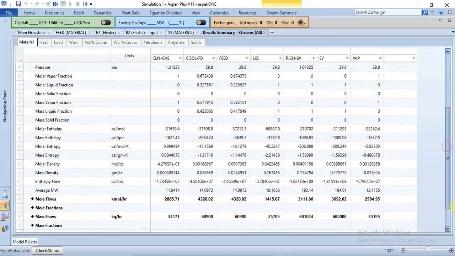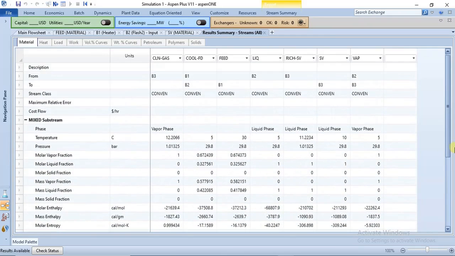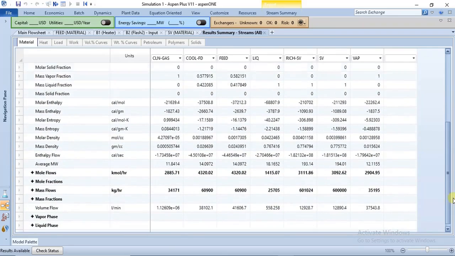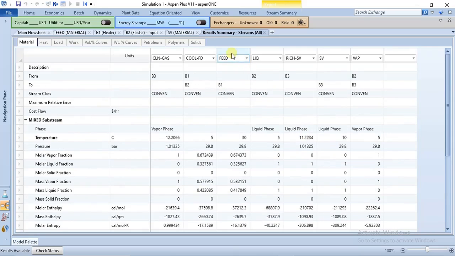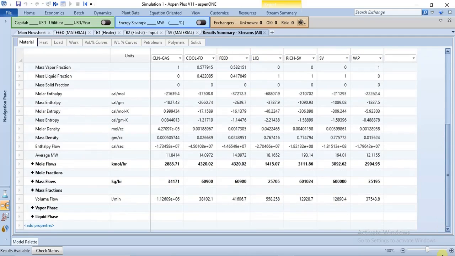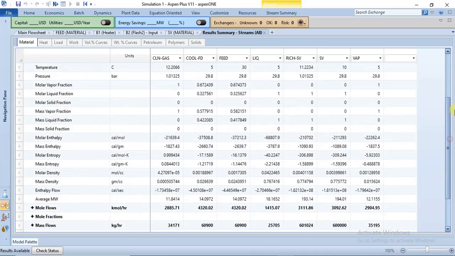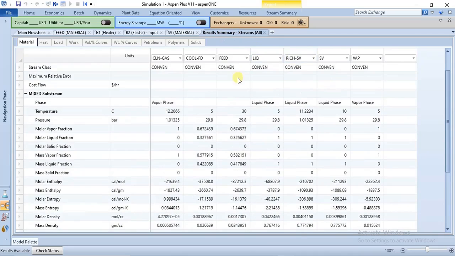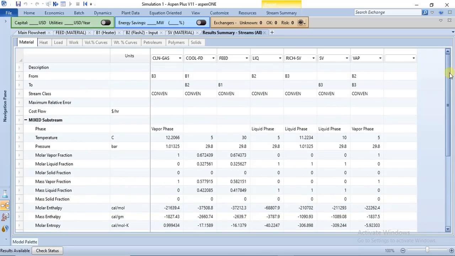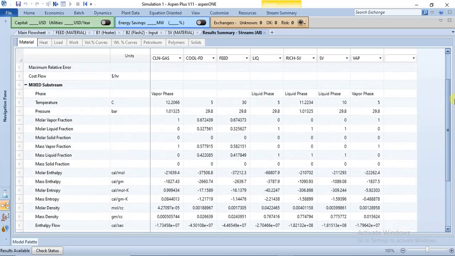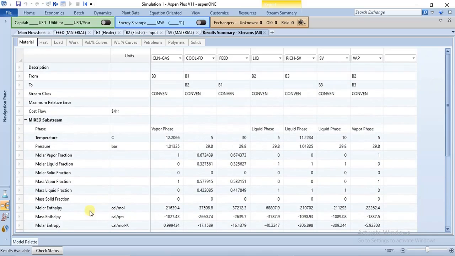You see your feed stream, all the streams involved in the process, their process conditions, and the composition of the components in those streams. This is what we'll most likely be using to answer the questions that are being asked.